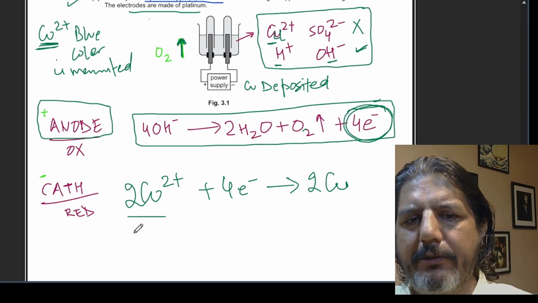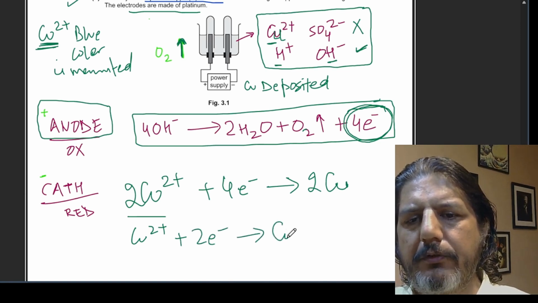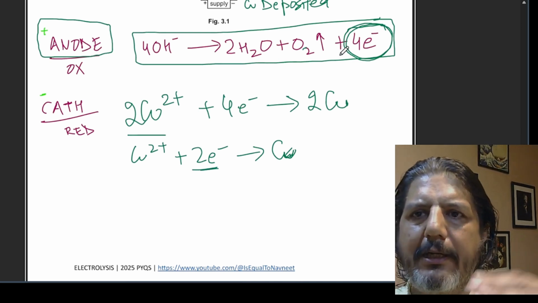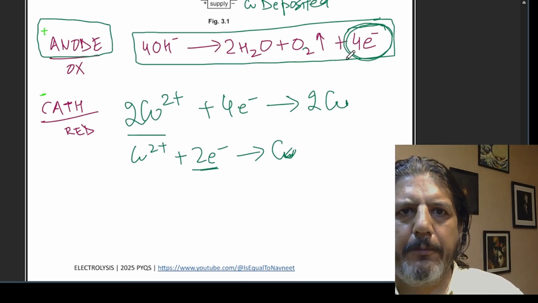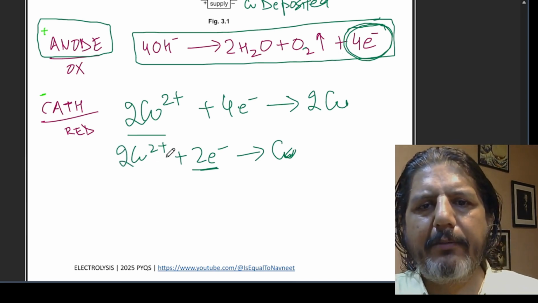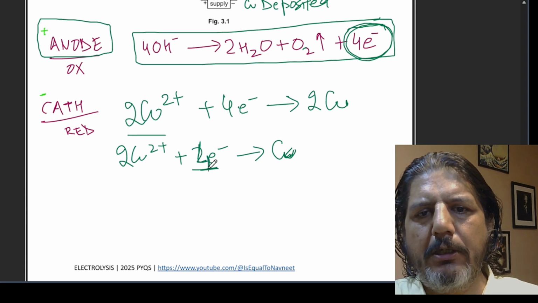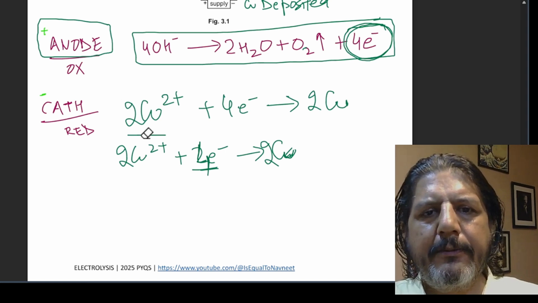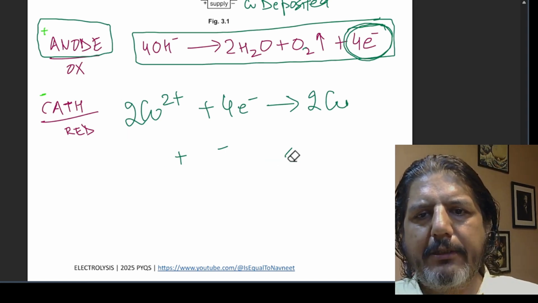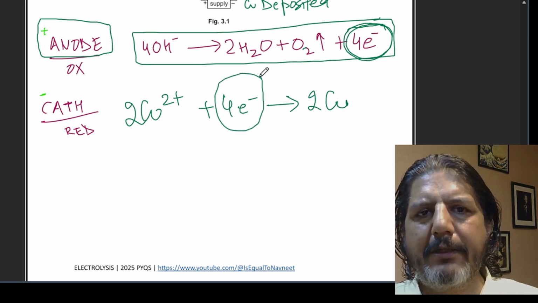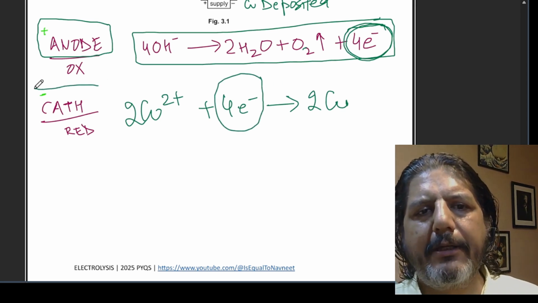Though I could have written this equation as Cu2+ plus 2 electrons gives Cu, I want to maintain a balance of the electrons. The number of electrons which are being lost should be the number of electrons which are gained. That is why I have multiplied this equation by 2 on both sides, so that I can balance the electrons. So this is what will be happening at the negative terminal.